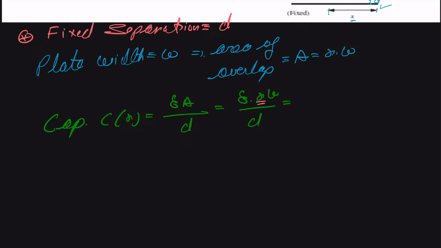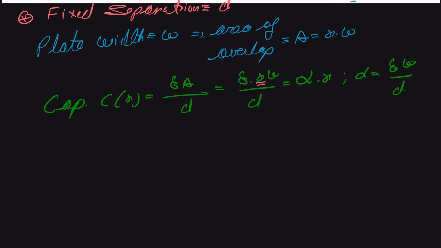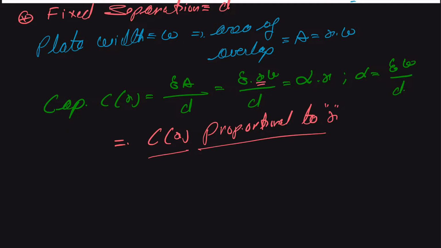Therefore, for the sake of simplicity, let's write this as alpha times X, where this alpha is equal to epsilon naught W upon D. Therefore, from here at least we can say that our capacitance is proportional to X. One conclusion we can draw from here.